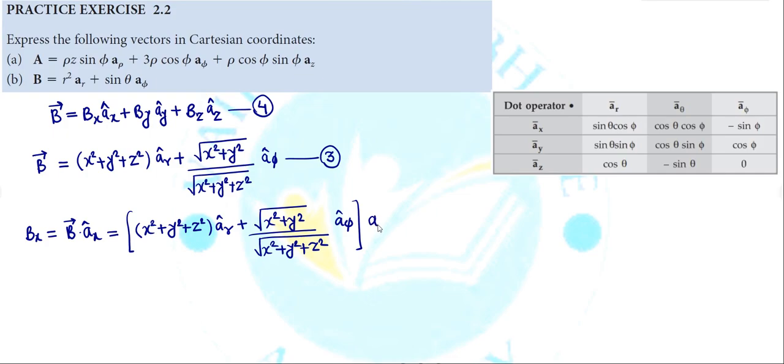Unit vector along x direction. Okay, so multiply that one.